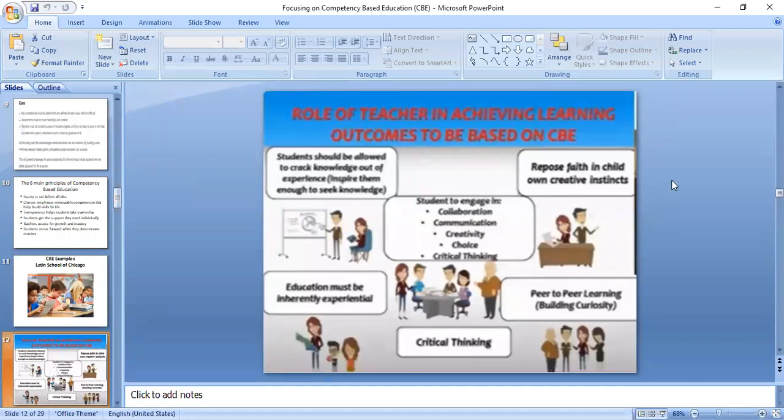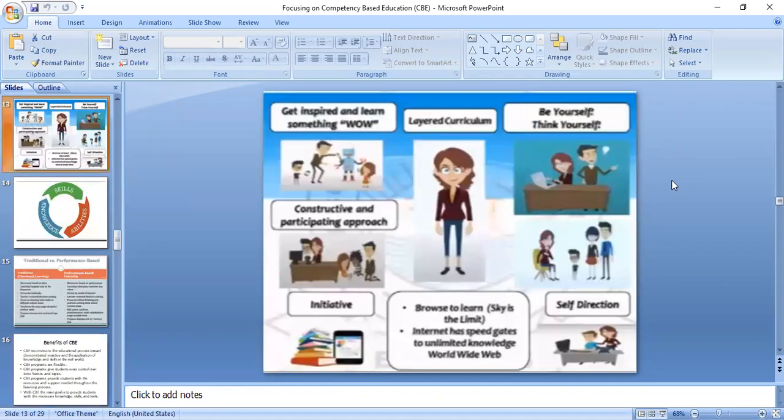We have to repose faith in the child's own creative instincts, and we should engage each and every student in the classroom. The four C's. What are the four C's? Collaboration, communication, creativity, choice, and critical thinking. And education must be inherently experiential, peer-to-peer learning. Okay, this process can be used in the classroom.